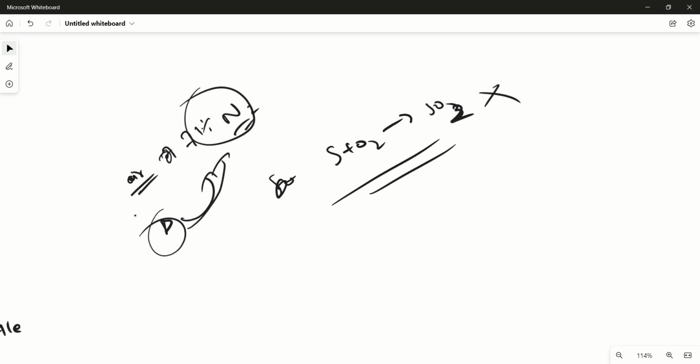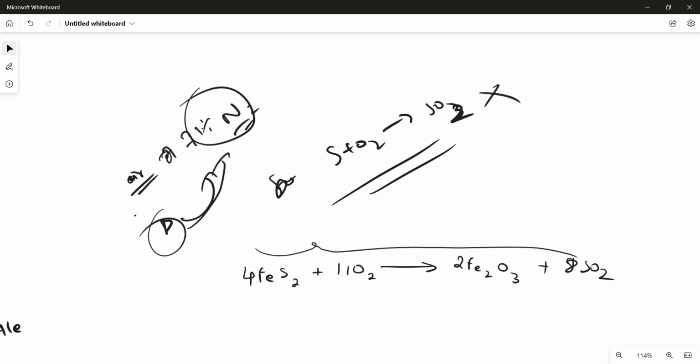The reaction goes like this: FeS2 plus 11O2 gives us 2 Fe2O3 plus 8 SO2. This is preferred over the other one.